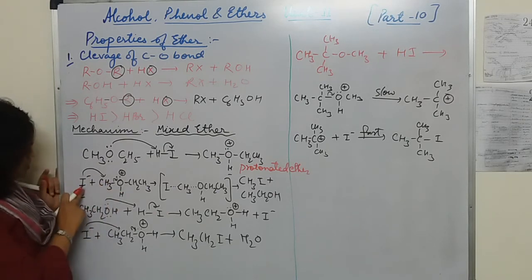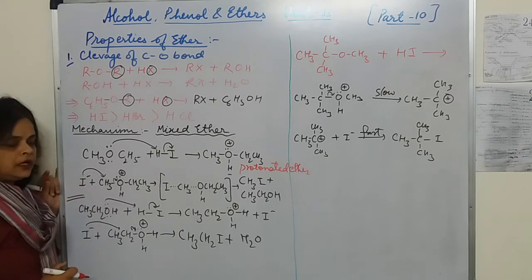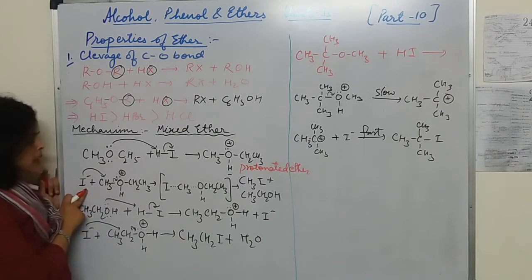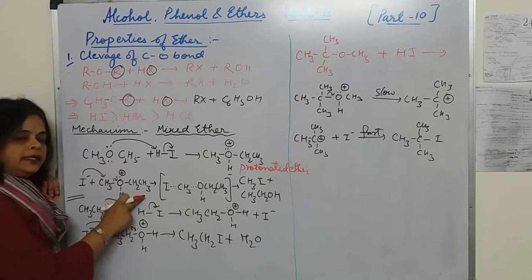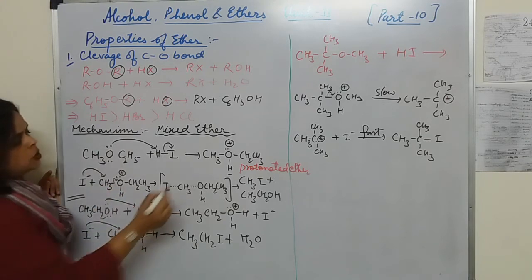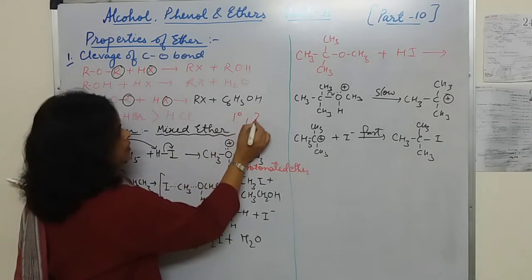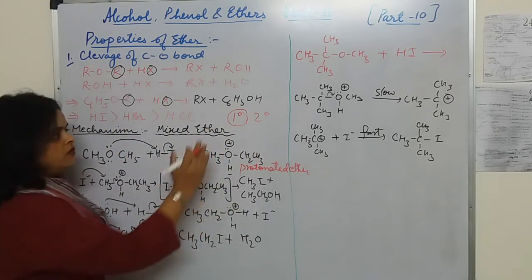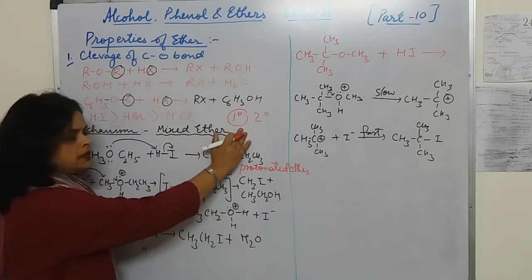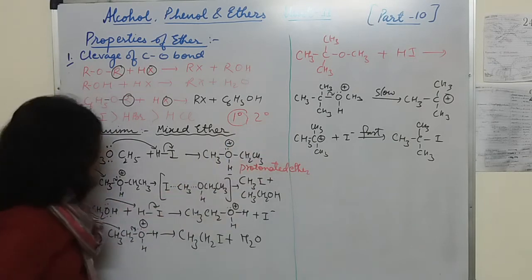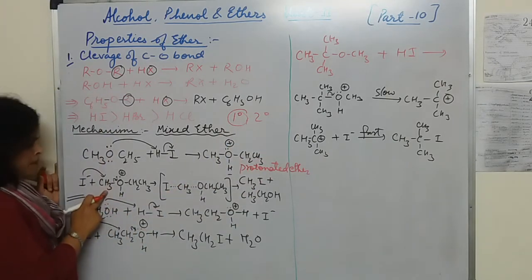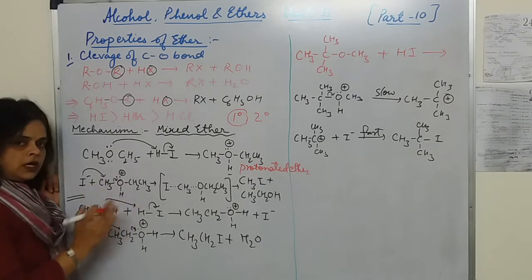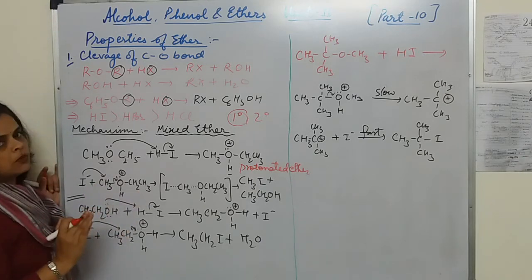Now students, this is a better nucleophile and this iodide ion prefers to attack on that alkyl part when there is a choice between 1 degree and 2 degree. It prefers the smaller one. Okay, it always prefers the primary alkyl part as compared to secondary. So here this is methyl, this is ethyl, both are primary but it prefers the smaller one.